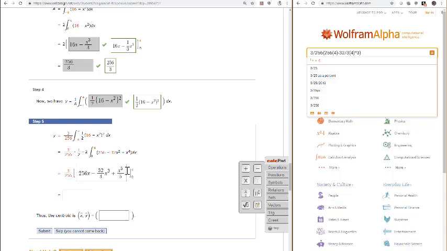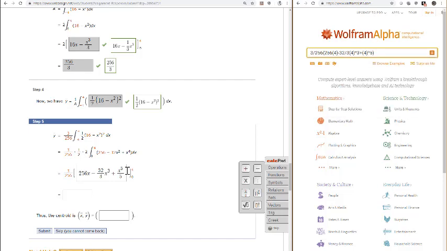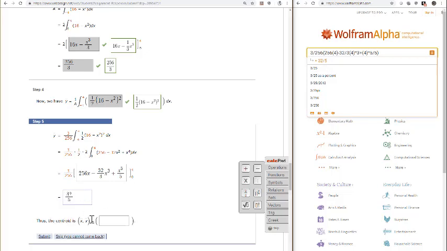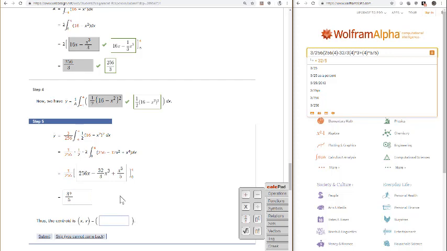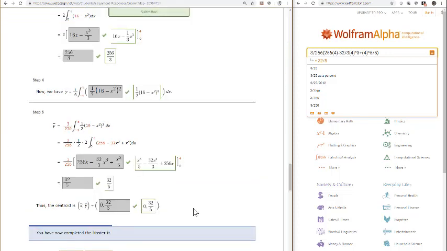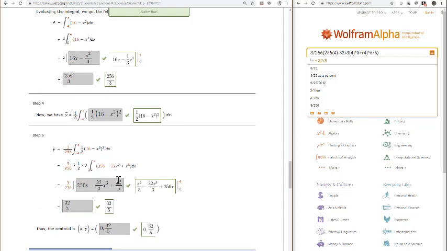And then we have plus 4 to the 5th power, and we'll divide that by 5. Okay, so that looks like it's simplified to 32 over 5. And then so our point is going to be 0 and 32 over 5.